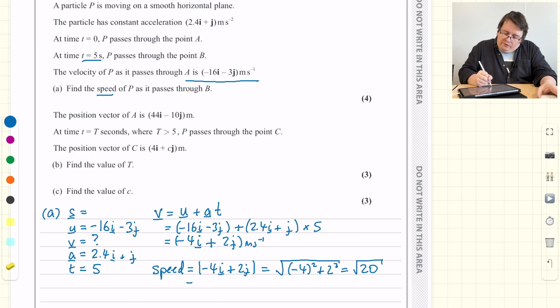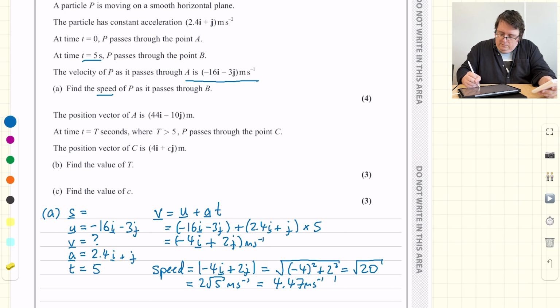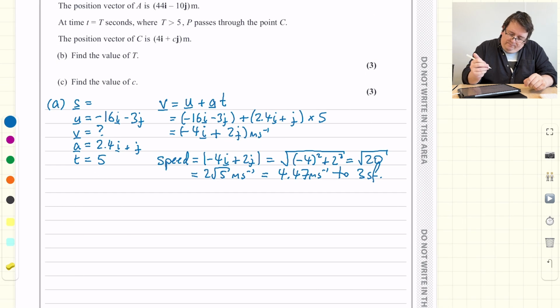So that's 2 root 5 meters per second, which is 4.47 to 3 sig fig. Okay. Right.